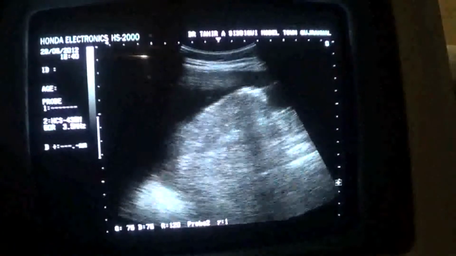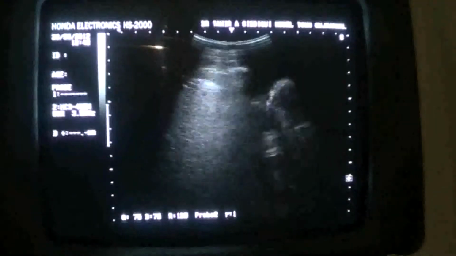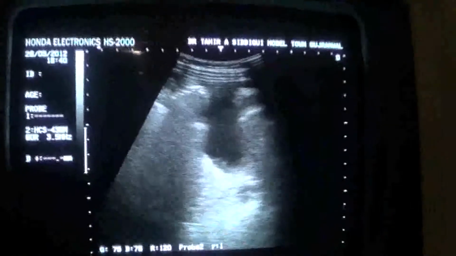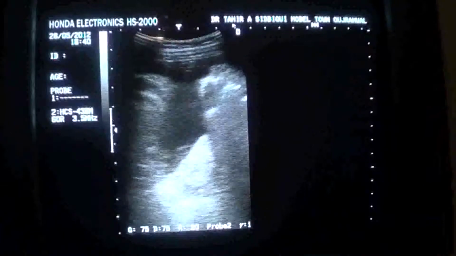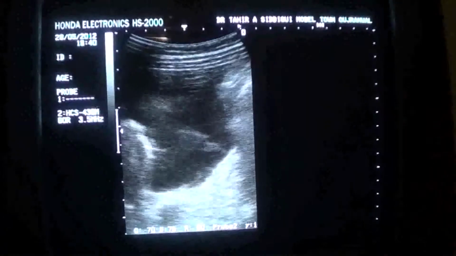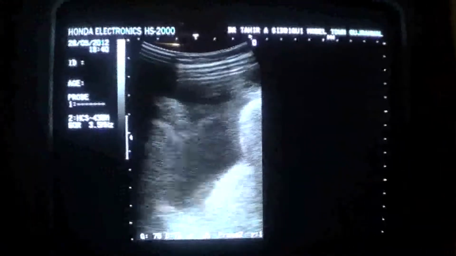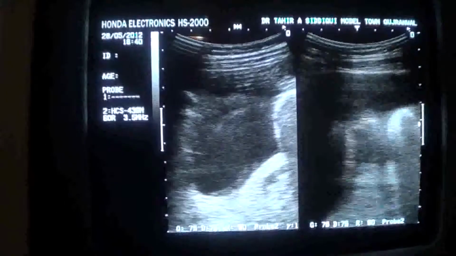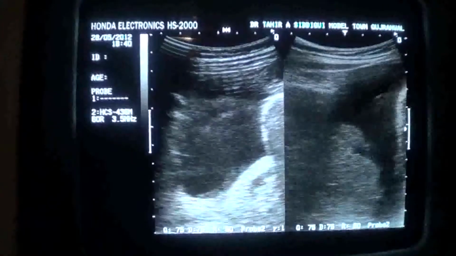Wherever I place the probe, I get fluid. And in the upper abdomen, the fluid is relatively free of echoes. There is bleed, but there are echoes, but not to that extent as you will see down here in the pelvic region, just above the suprapubic region.